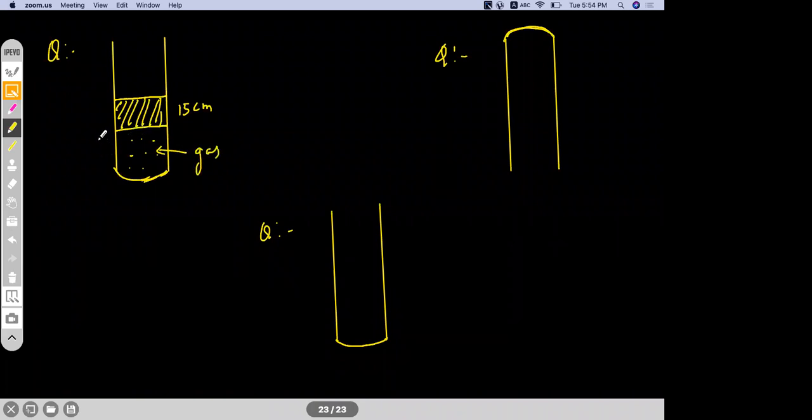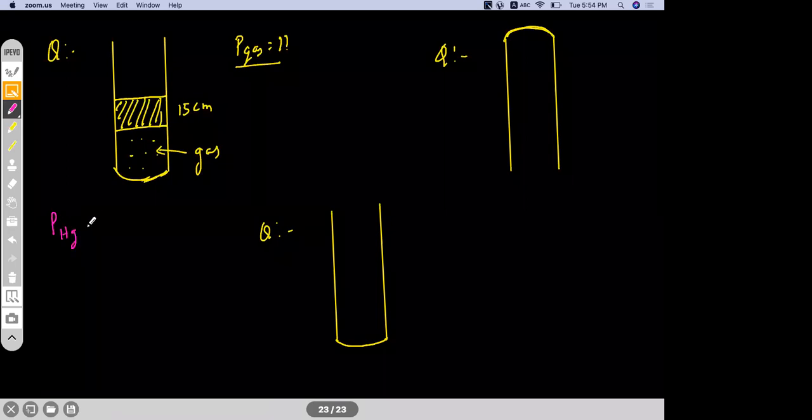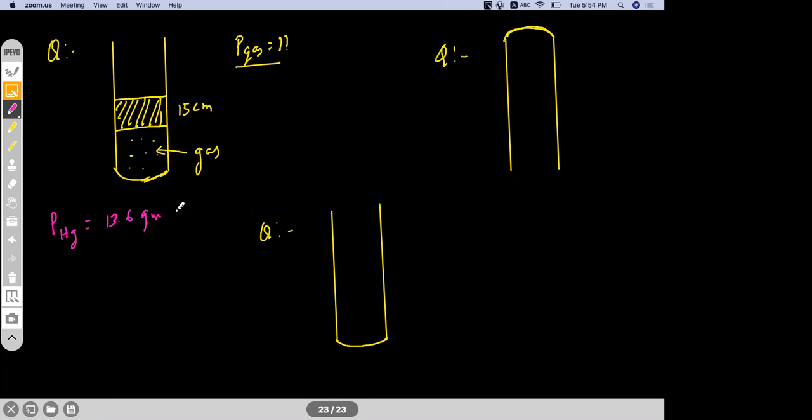Okay. You need to find out the pressure of gas. Density of mercury, rho of Hg, is 13.6 gram per ml.